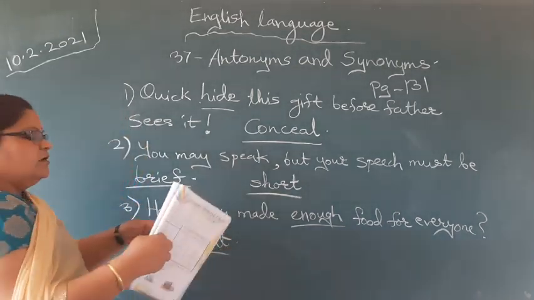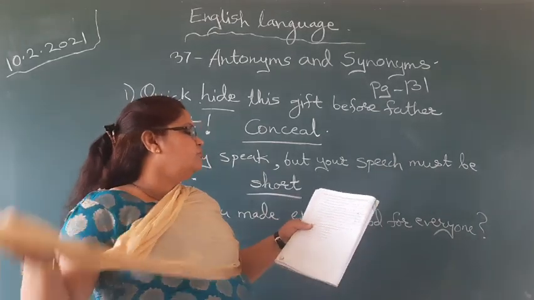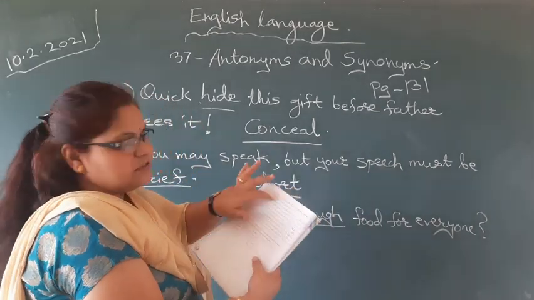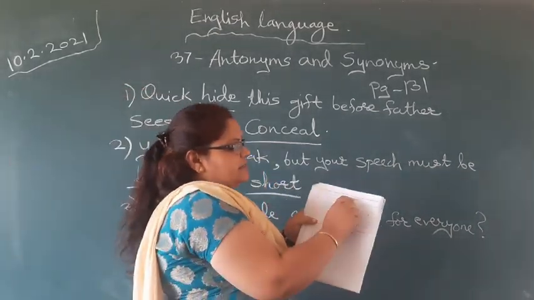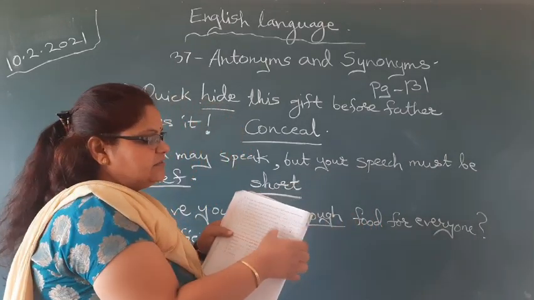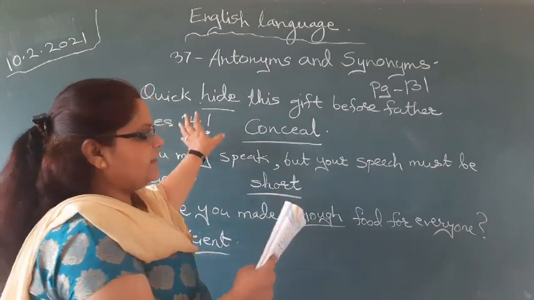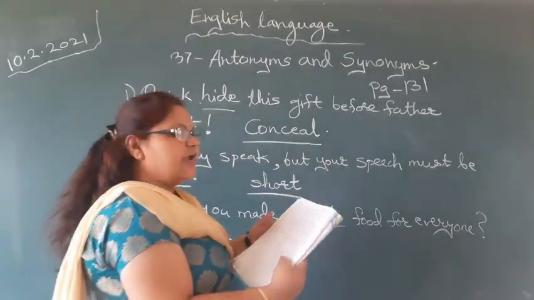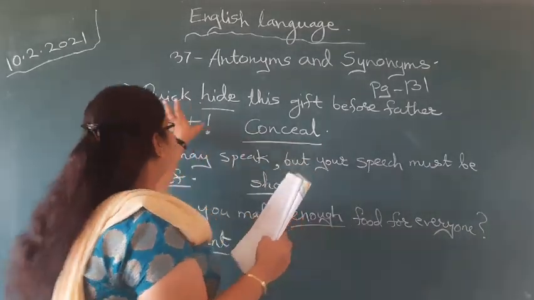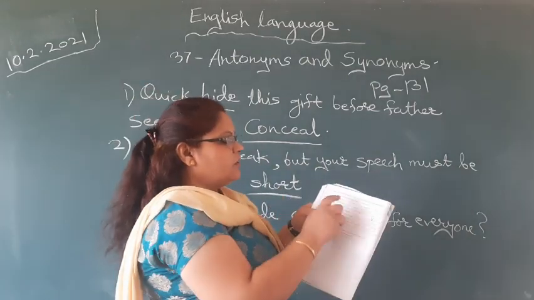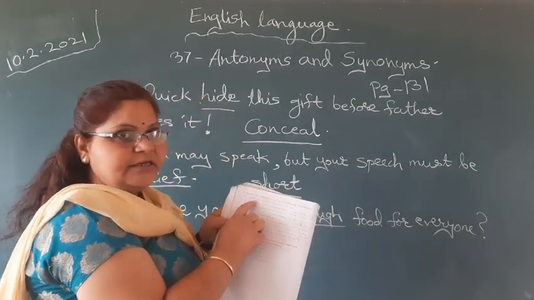See here. What they have told is to rewrite the sentence, but the space is not there between the sentences, so we are writing the answer directly at the end of the sentence. But when you are writing in your notebooks, you should write the answer like this. See, for example, I am telling you the first one, quick. Here it is hide, no?